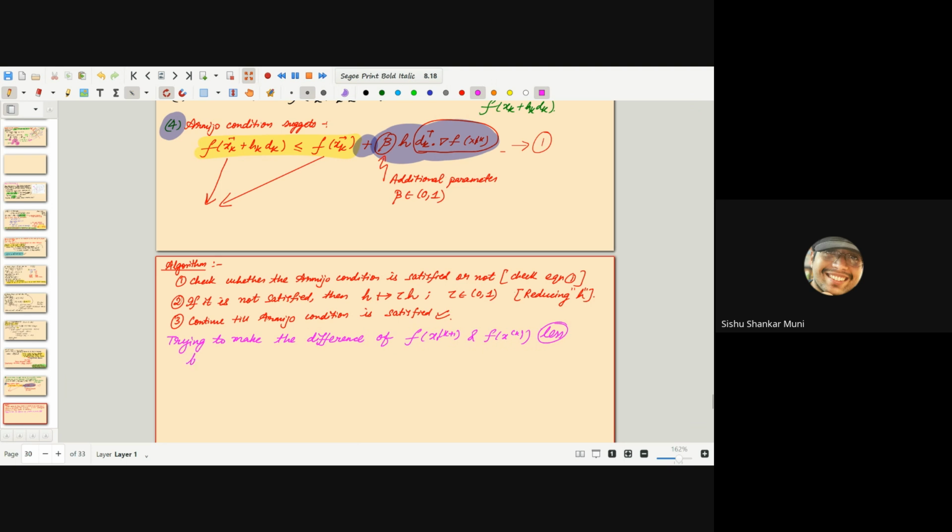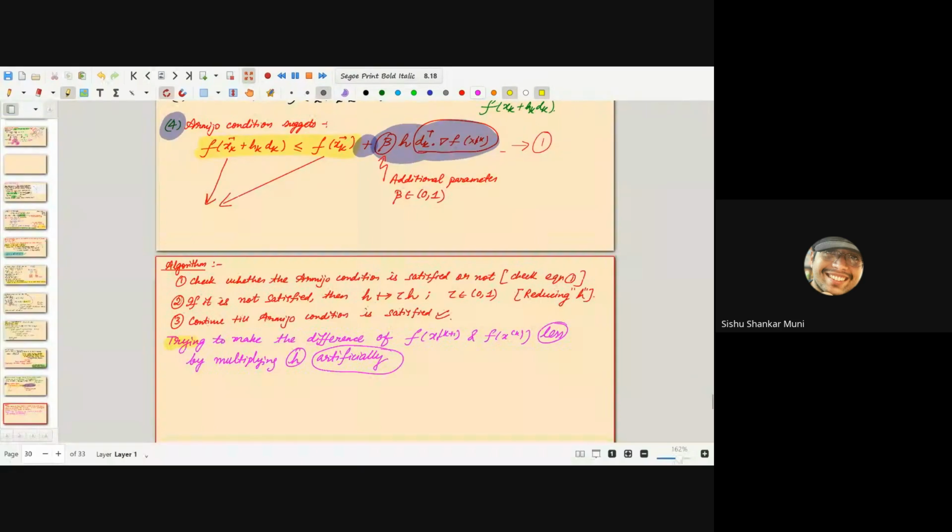They did that by multiplying h artificially. This is said by Armijo.